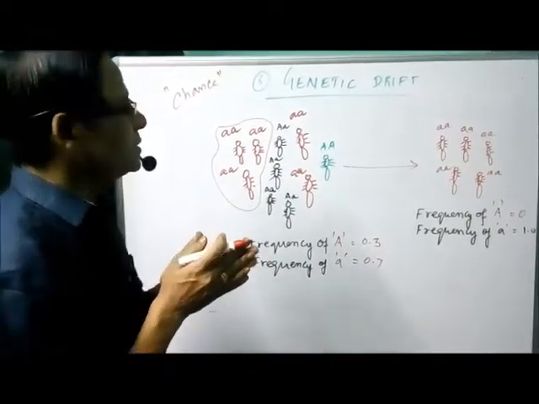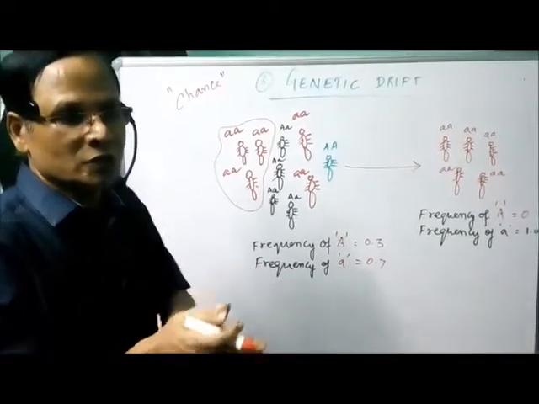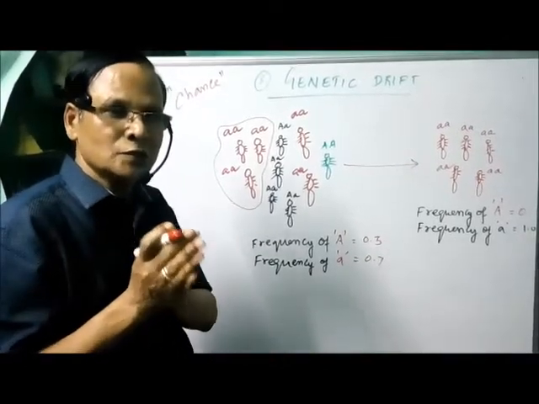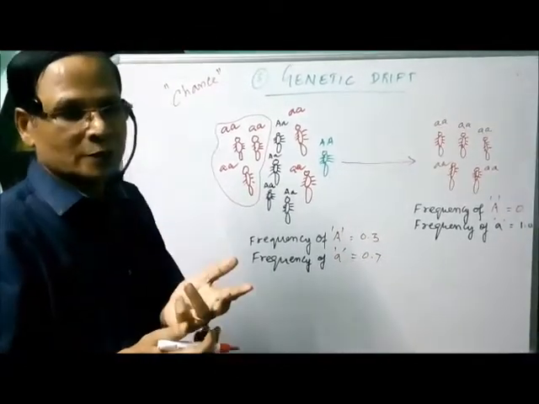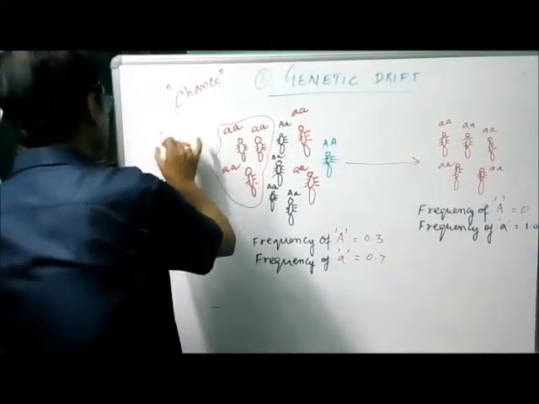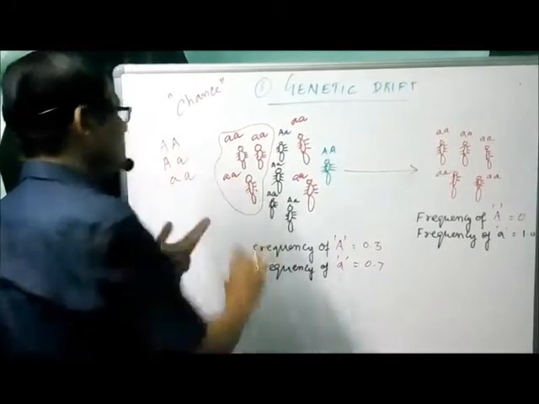Normally genetic drift tends to reduce the amount of genetic variation. Genetic variation means, if you are taking the genotype, we have 3 different genotypes: homozygous dominant, heterozygous dominant and homozygous recessive. This is what is called genetic variation.